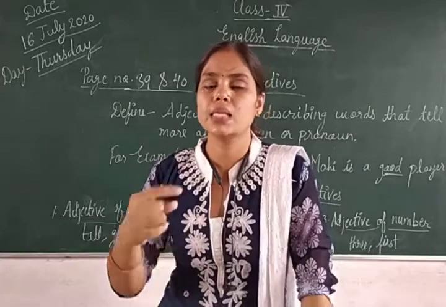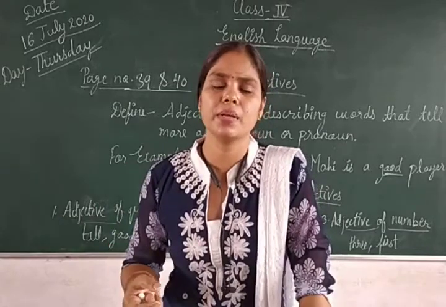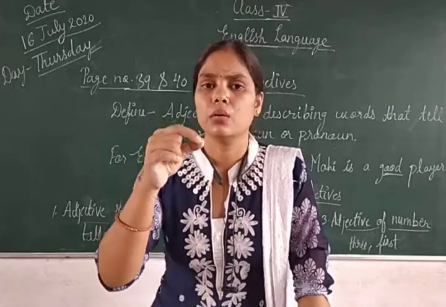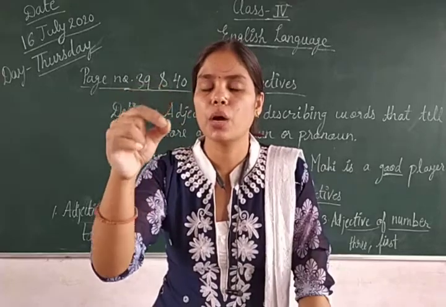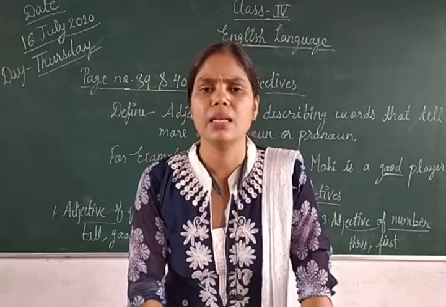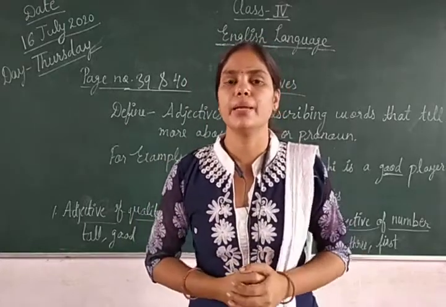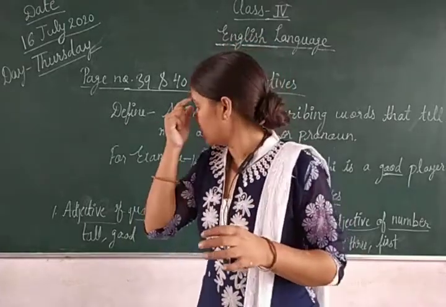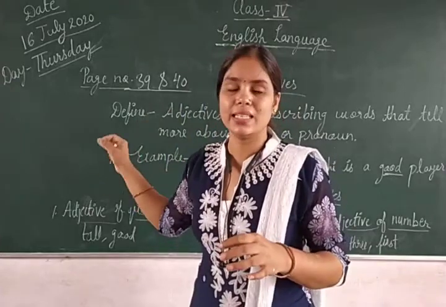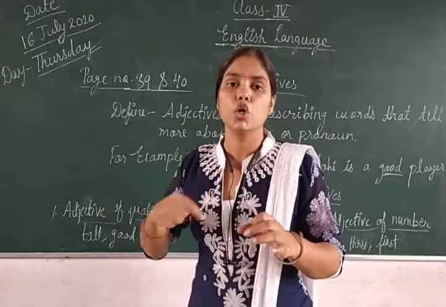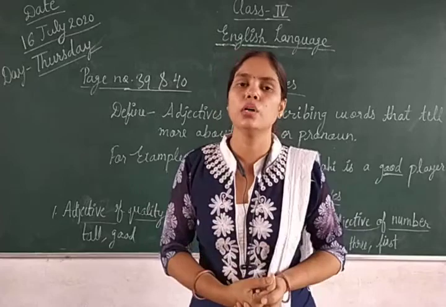Okay, तो ये हमें किसके बारे में बताते हैं, किसके बारे में डिस्क्राइब करते हैं? ये हमें उस नाउन या उस प्रोनाउन या थिंग के बारे में हमें बताते हैं. नाउन के अंदर ही थिंग आती है, लेकिन I just want to remind you that they just tell us, they describe to us the quality of a noun or pronoun.